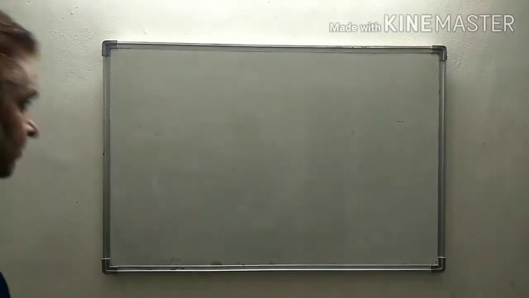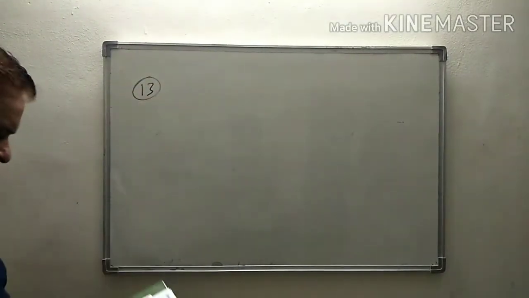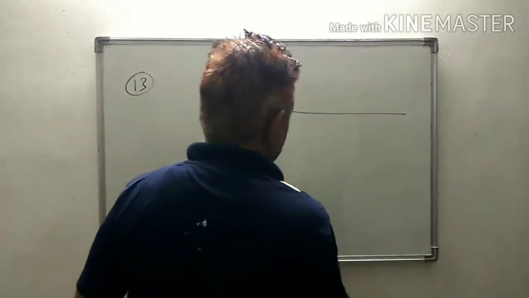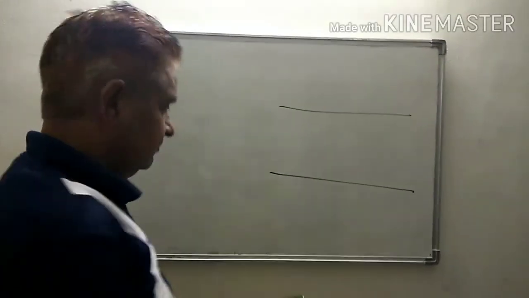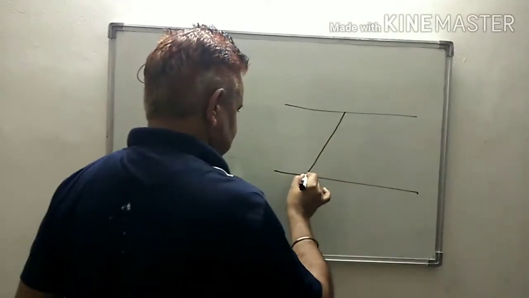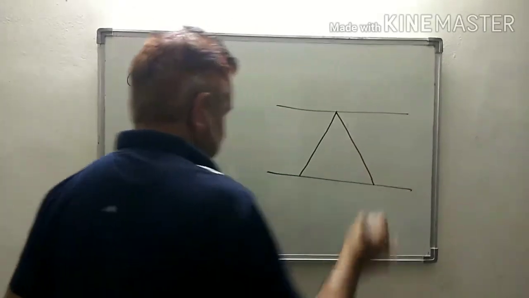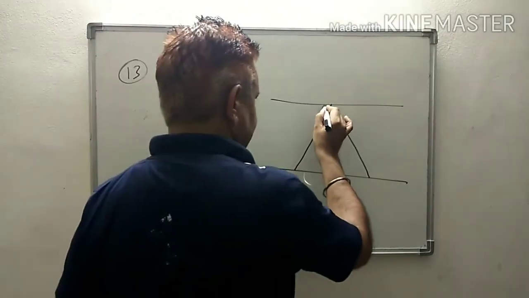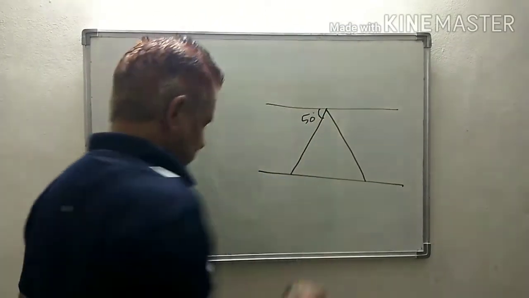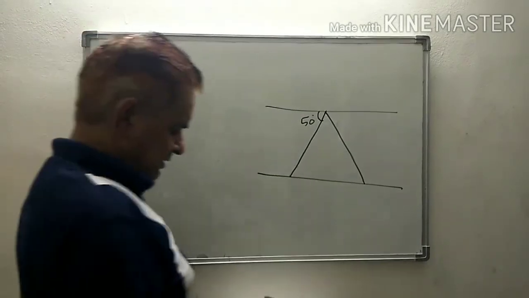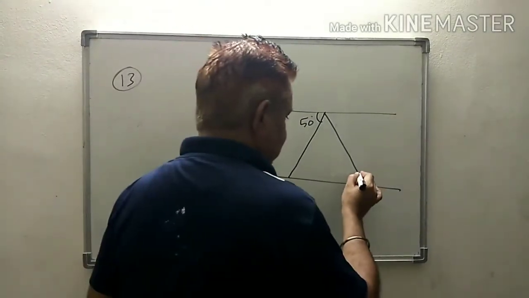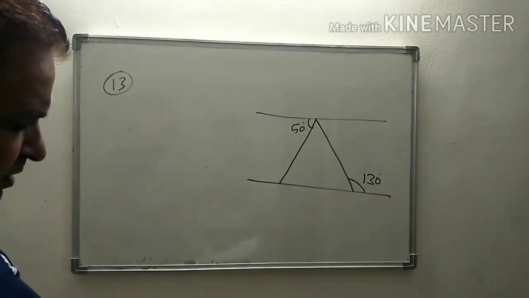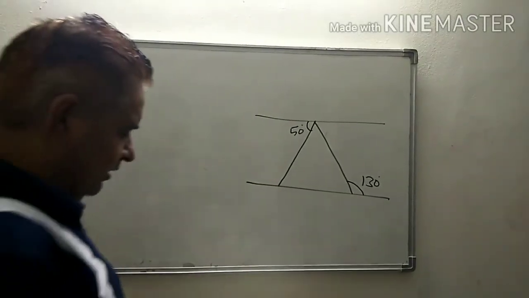After this, question number 13. In the adjoining figure, two parallel lines are given, and these two lines are transversal lines. This is 50 degrees and this is 130, and you have to find angle QPR.